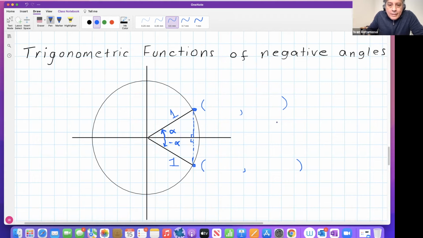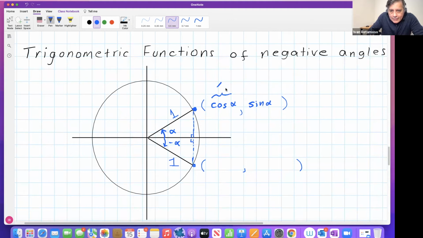Same triangle. So now we just showed that if you work in the unit circle, this point, which has coordinates x and y, also has coordinates cosine of alpha and sine of alpha.